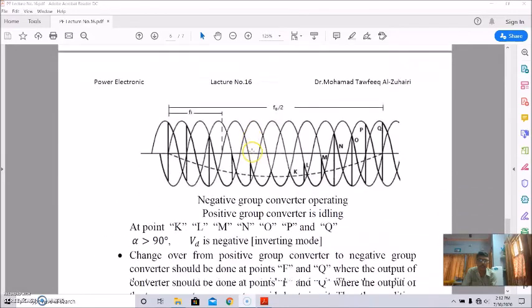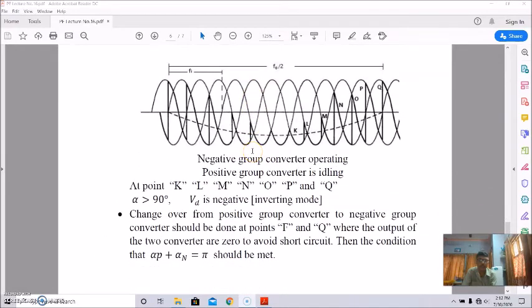Now when the negative group of converter is operating and the positive group of converter is idle, this is the mean output voltage, and this is shown here at points K, L, M, N, O, P and Q, that is alpha greater than 90 degrees. This is the input frequency, and this is the output frequency divided by 2.